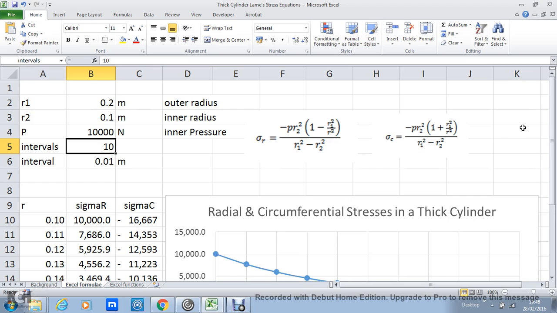And what I'm going to do is divide the distance between the inner radius, R2, and the outer radius into 10 intervals. So the difference between those two is 0.2 minus 0.1, which is 0.1 of a meter or 100 millimeters, divided by 10, that gives us 0.01 of a meter or 10 millimeters.